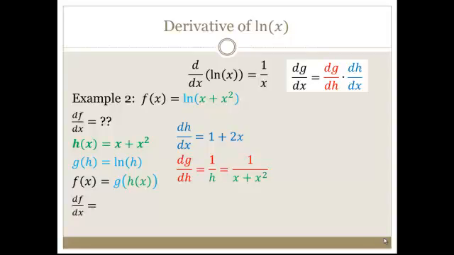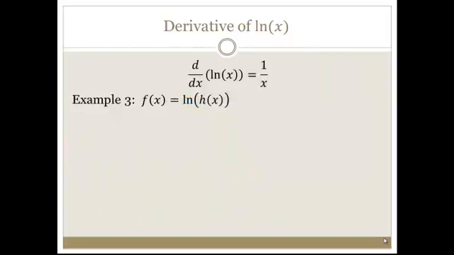Putting this together, we get that the derivative of f with respect to x is the derivative of g with respect to h times the derivative of h with respect to x, which is 1 over x plus x squared times 1 plus 2x, which we can rewrite as 1 plus 2x all over x plus x squared.